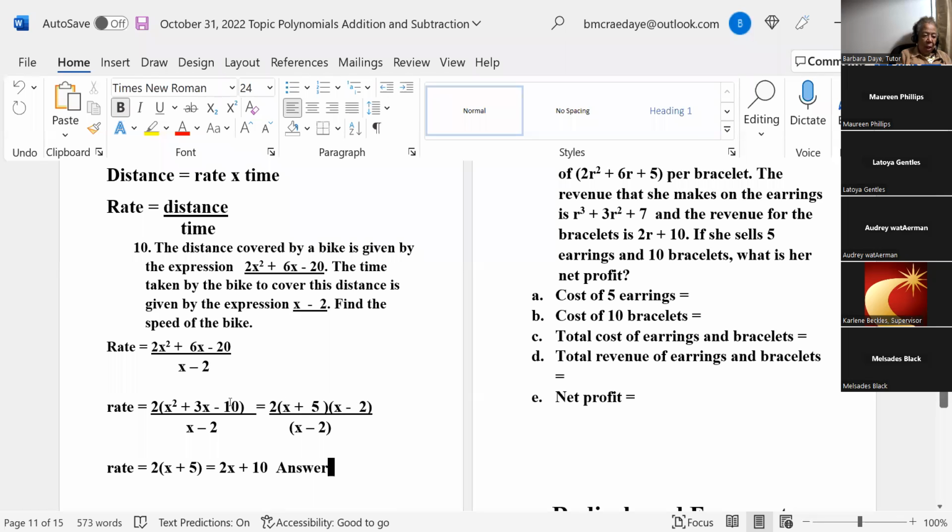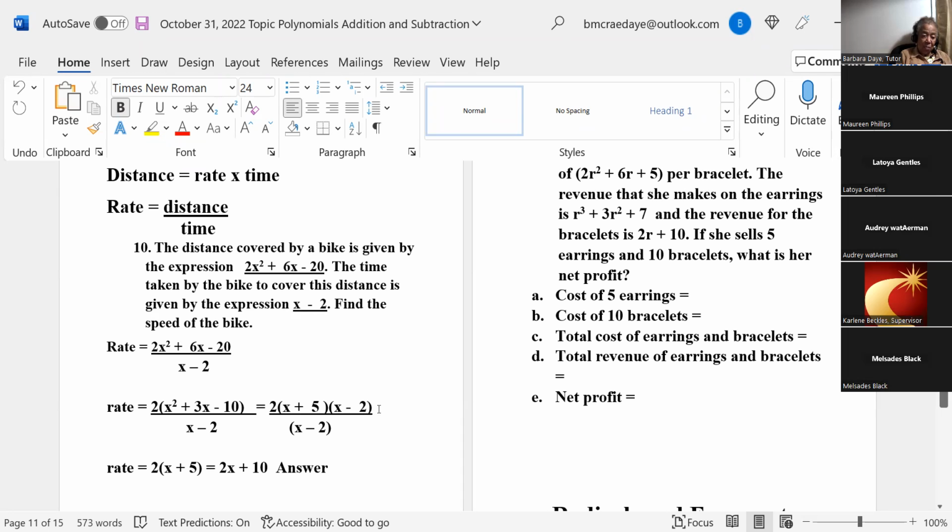Then I said 2 numbers multiply to give you a negative 10, same 2 numbers add to give you a plus 3. Think of 2 numbers, you multiply them, you get a 10, you add them and you get a 3. So it's got to be a 5 and a 2, except one is positive and one is negative, because you want to get a negative 10.